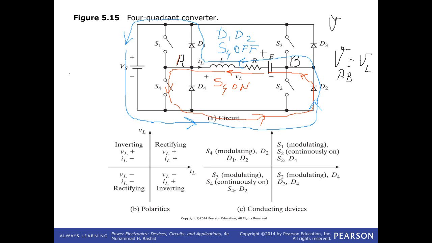What's written here? S4 is modulating. Modulating means sometime on, sometime off. And D2 is a partner. Red color, that one. And the blue one, D1, D2. So stored energy goes back to your supply. Of course, in the red one, current is going to rise.